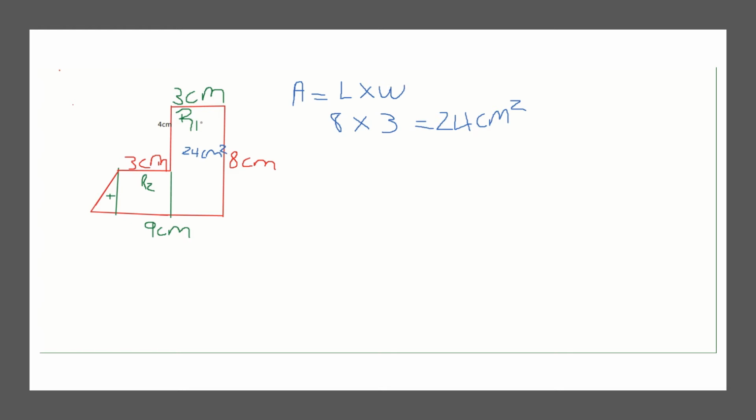The entire section here, from here to here, is 8 centimeters because we can see it in rectangle 1 here. What we are going to do is subtract 4 from 8 in order to get the section right here, this green section for rectangle number 2. And that would be, of course, 4 centimeters.